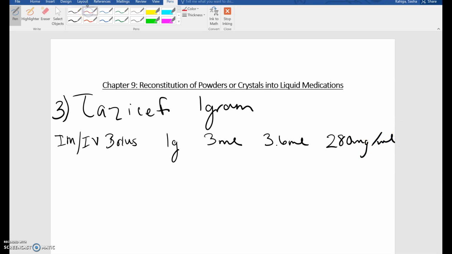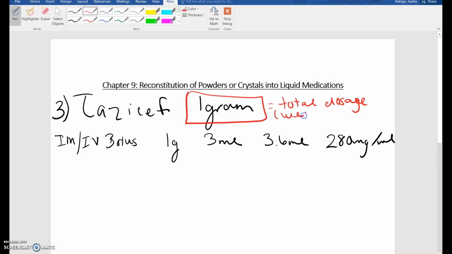Before I move on, let's go ahead and identify the components of this label that we have so far written down. So for this Tazef 1 gram, this 1 gram identifies your total dosage, which is basically, again, the weight of the powder.